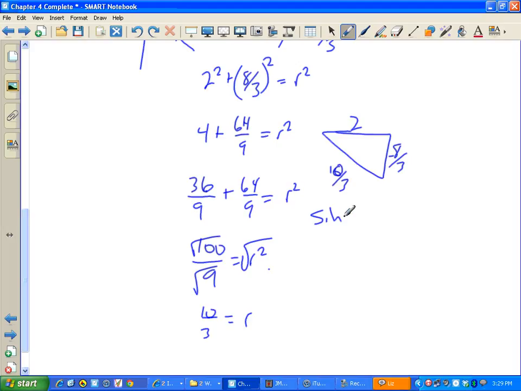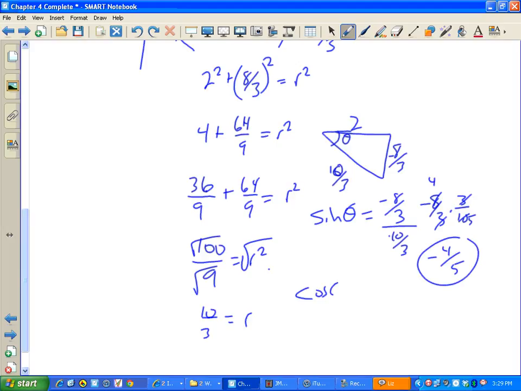So the sine using this triangle, okay, is going to be opposite over hypotenuse, -8/3 over 10/3, which is the same as multiplying by the reciprocal. Cross reduce, those go away, this goes to 4 and this turns to 5, and I get -4/5.